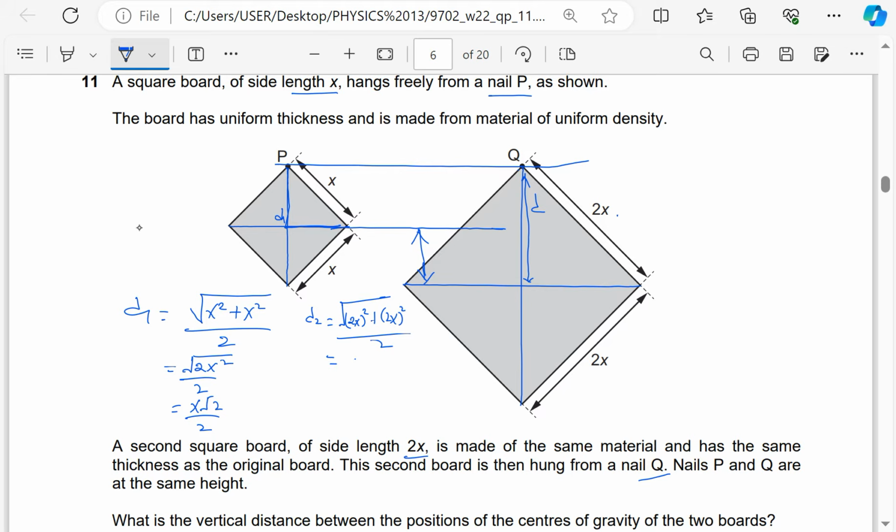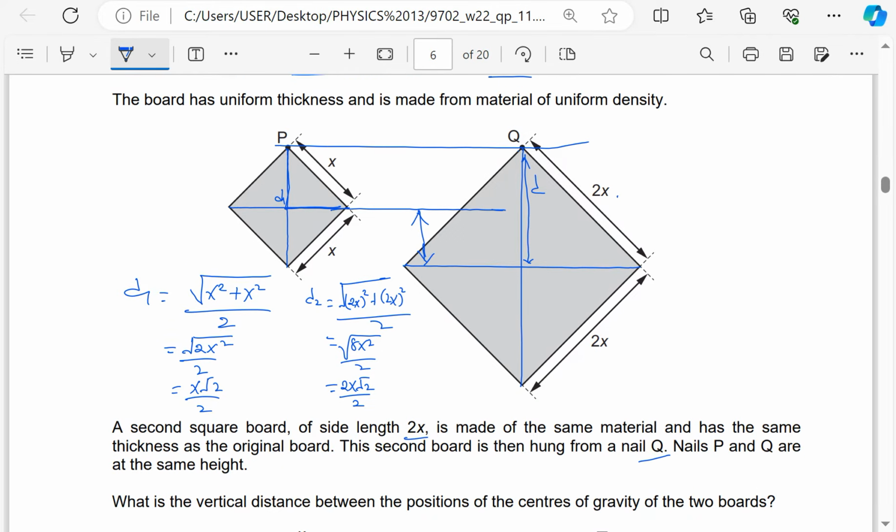That is 8x squared under the square root divided by 2. X goes out, then this will be 4 times 2, so it becomes 2x root of 2 divided by 2. So I want the difference, the distance between the vertical positions, so I'll just subtract.